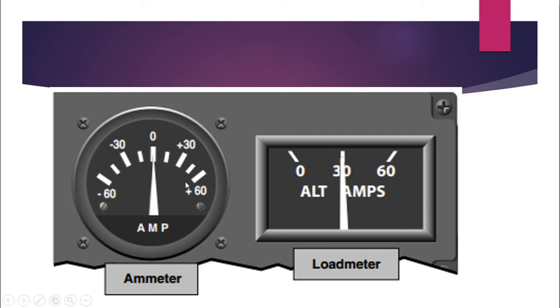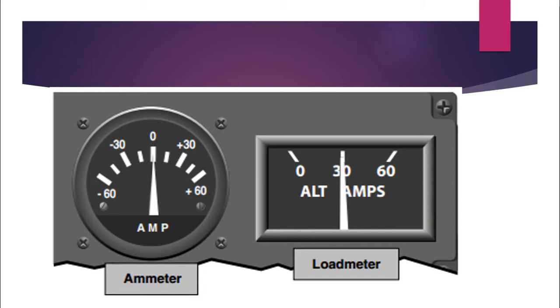You don't want to be constantly discharging or losing electricity in your system and use up all the charge in your battery. So the ammeter helps to tell the pilot, not how much electrical current she's using, but what the status of it is: if the electrical system is charging or discharging.